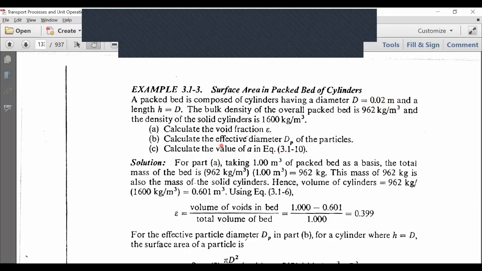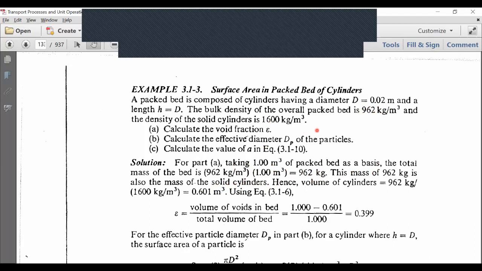Now, for part A, taking 1 cubic meter of packed bed as the basis, the total mass of the bed is 962 kilogram. This mass is also the mass of the solid cylinders.